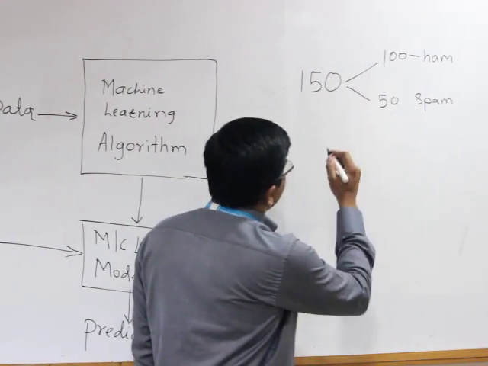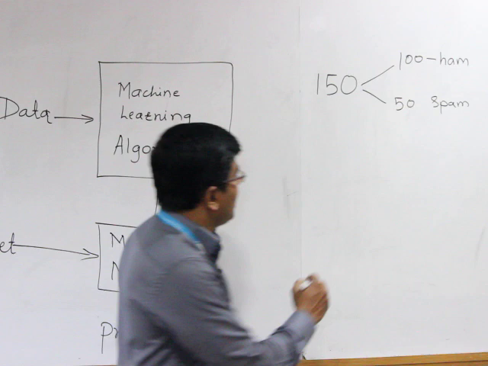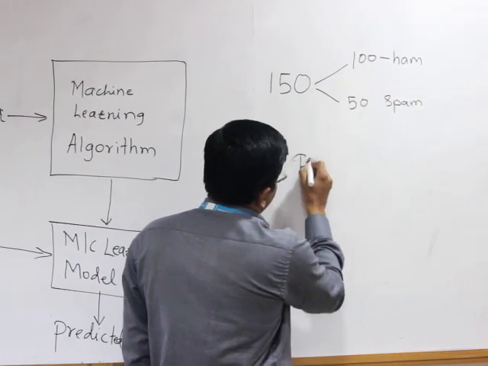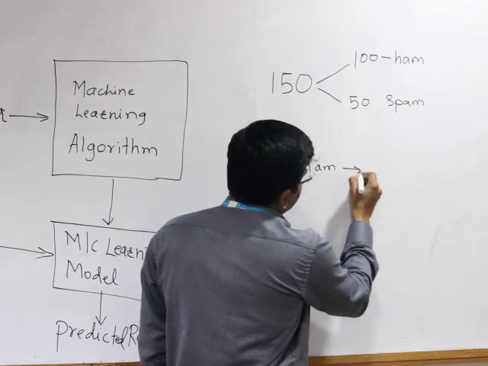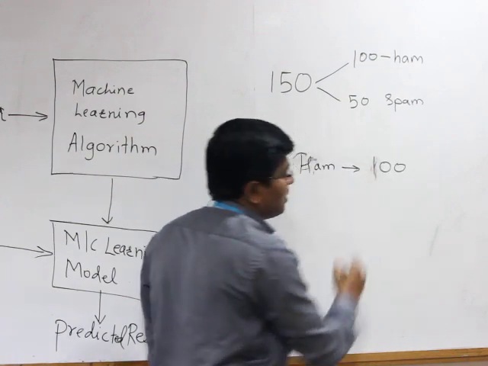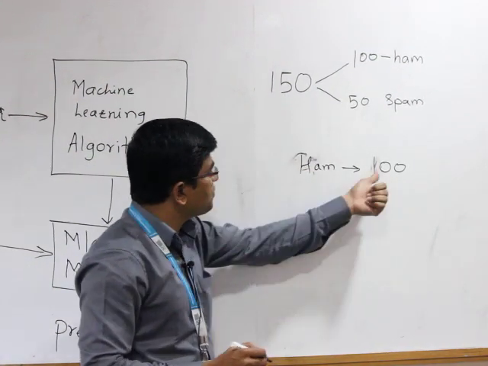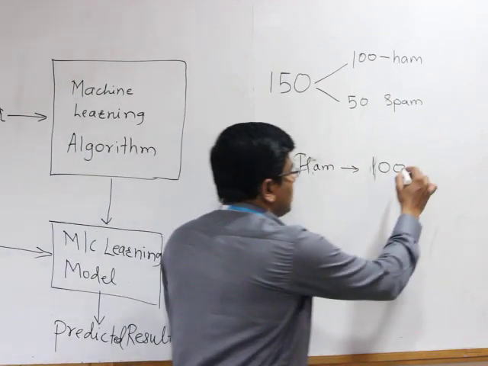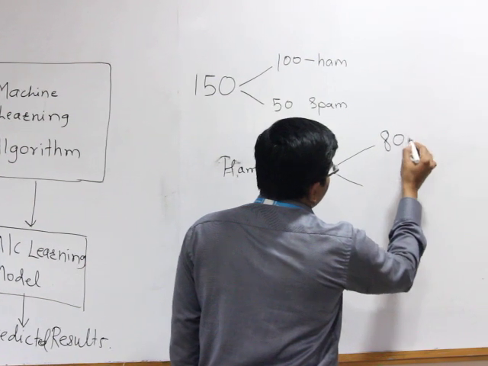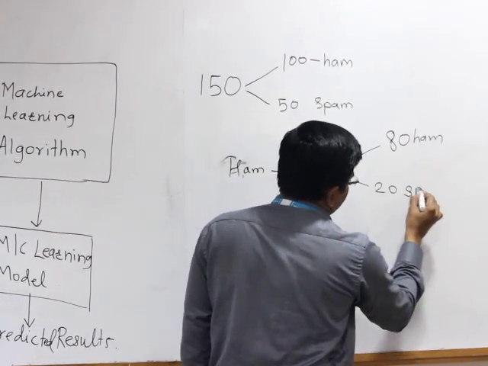Let's assume that my classifier has predicted 100 emails as ham. We compared this with the actual data and found that 80 are actually ham and 20 are spam.